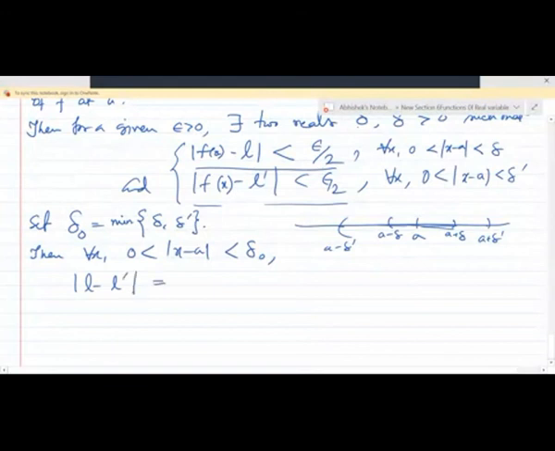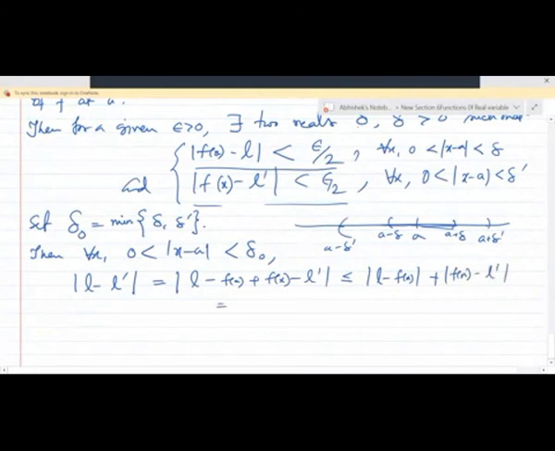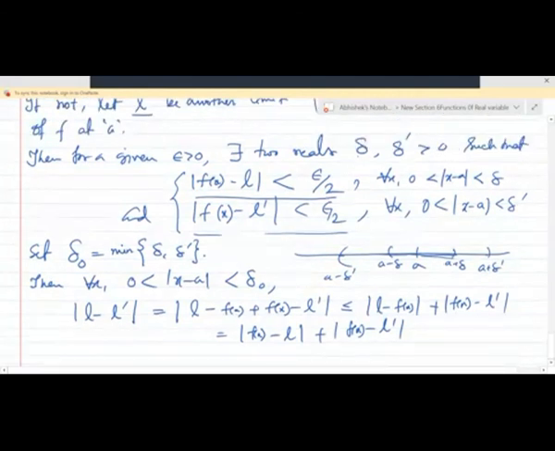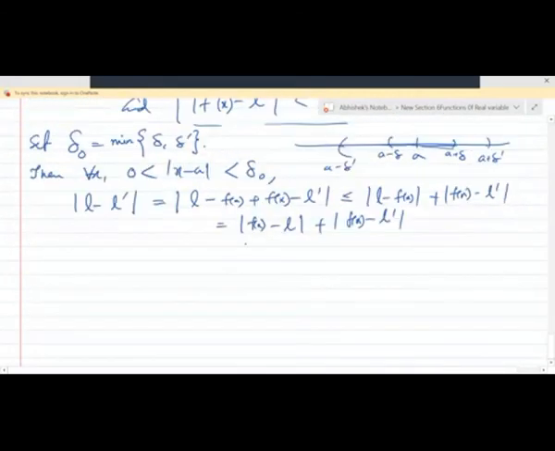This can be adjusted as L minus f(x) plus f(x) minus L dash. Since these are in modulus, you can write it as mod of L minus f(x) plus mod of f(x) minus L dash. Now what is the modulus of f(x) minus L? It is less than epsilon by 2. This is also less than epsilon by 2. That means it is less than epsilon.